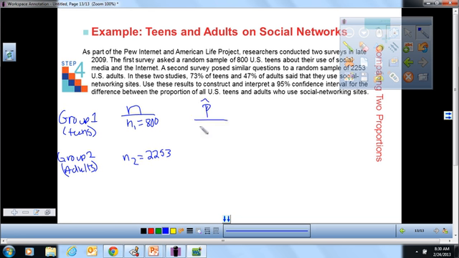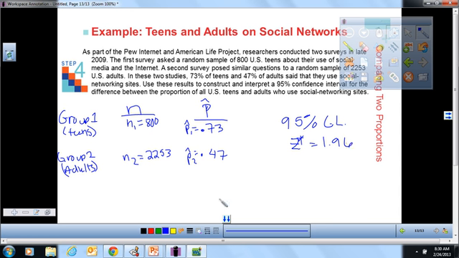So your P hat of 1, in these studies the teens are 73, so 0.73. And P hat of group 2 for the adults is 0.47. And they want a 95% confidence level. On your green sheet, you would find that the Z critical for that is 1.96.